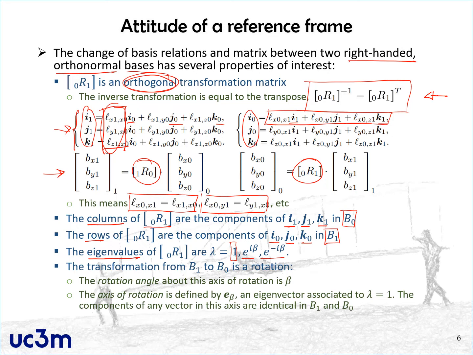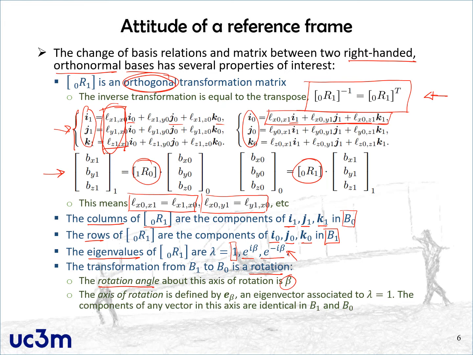We can understand the transformation from B1 to B0 as a rotation, okay? A rotation transformation that brings the vector I1 into the vector I0, the vector J1 into J0, and K1 into K0. The rotation angle for this rotation is just beta, which is a number related to the eigenvalues that we have over here.